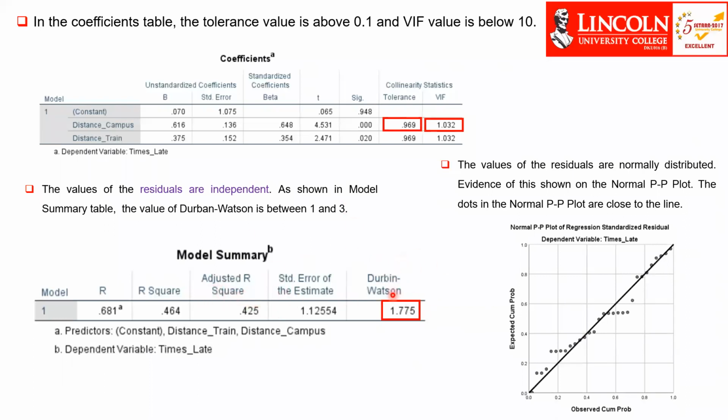The value of Durbin-Watson is between 1 and 3. Now, the values of the residual are normally distributed. Evidence of this is shown in the P-P plot. The dots in the normal P-P plot are close to the line. A lot of them are on the line, even though some of them are not, but we still assume that they are normally distributed.